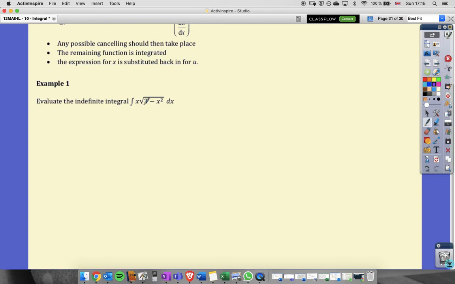So I've got a composite function. Maybe it's a bit easier to see if we rewrite it with brackets. So we've got a power of a half.